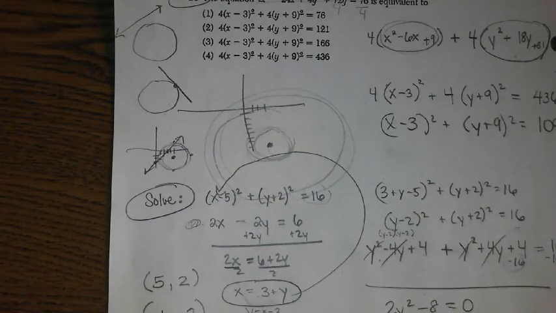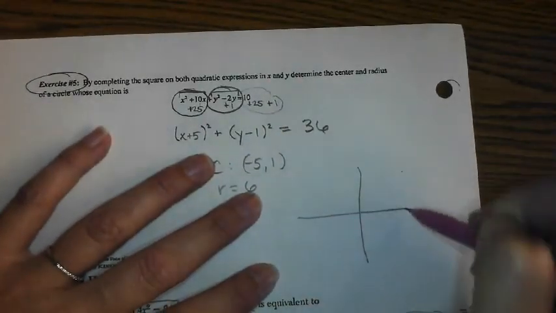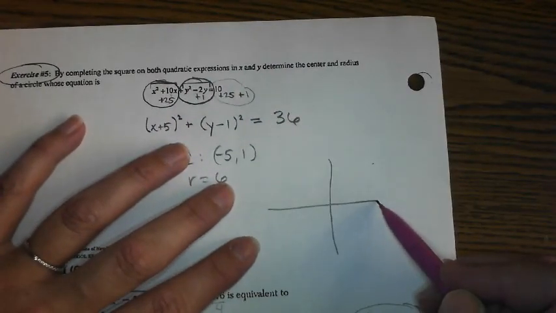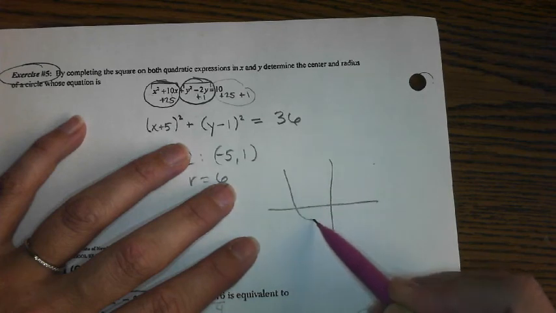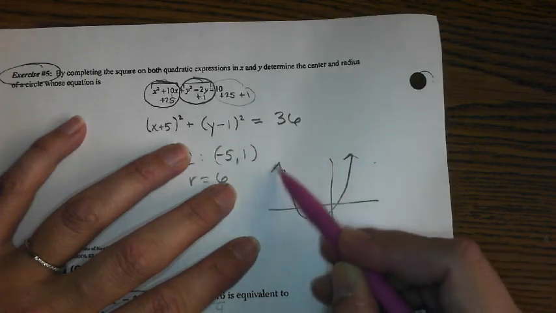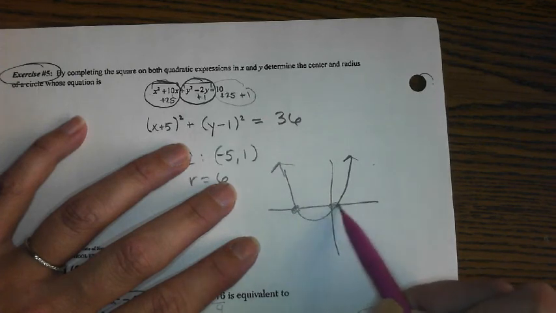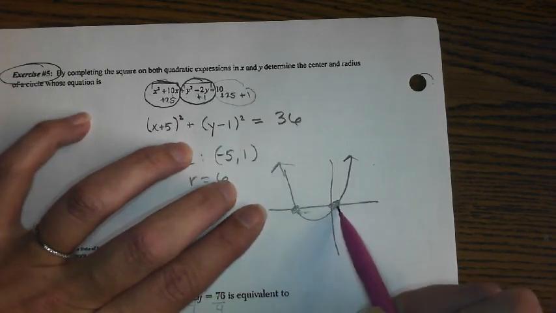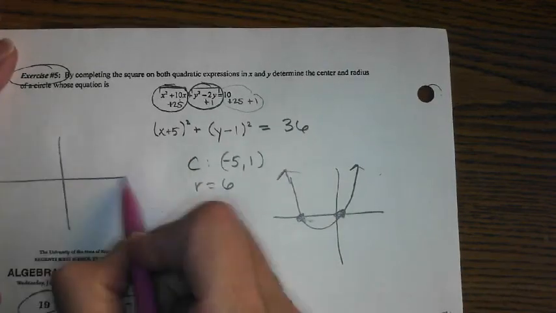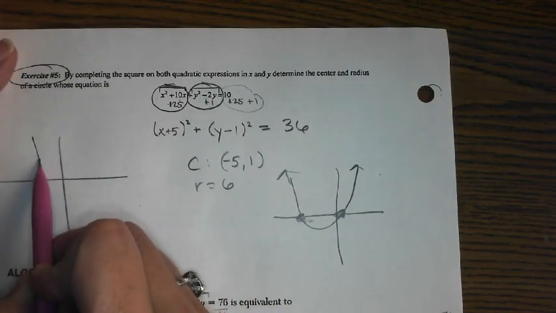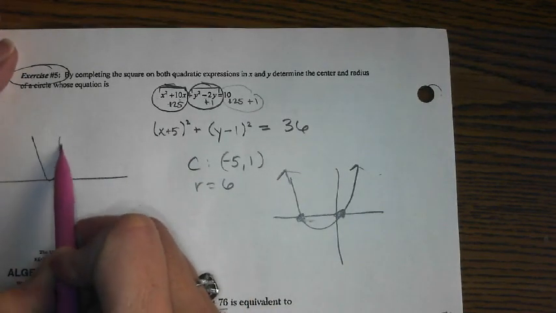Do you remember those scenarios for quadratics? Getting 2 solutions versus 1 solution versus no solutions? What do you know about a parabola that has 2 solutions? Where are the solutions when you graph it? Right. So if something has 2 solutions, it has 2 x-intercepts. If it has 1 solution, it has 1 x-intercept, right?